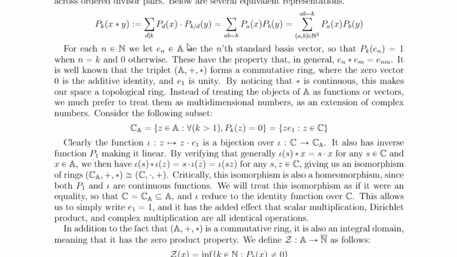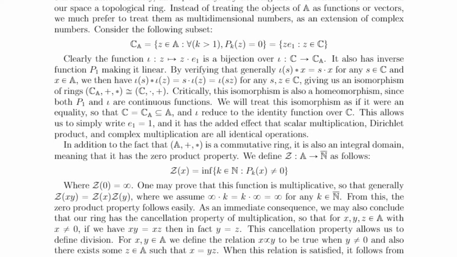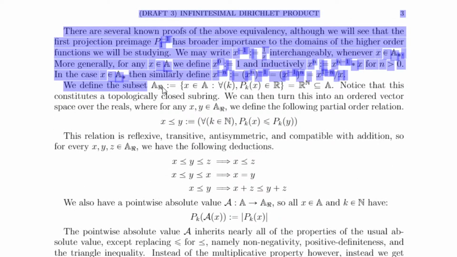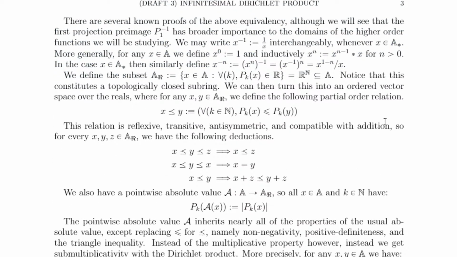And of course, if all the projections are real, then the products will be real and the sum will be real. So if we take x and y and we use our Dirichlet product to put them together, if x and y were real, then the result is also real. And that's pretty straightforward. So this A sub r is a topologically closed subring, which is what we just went over.